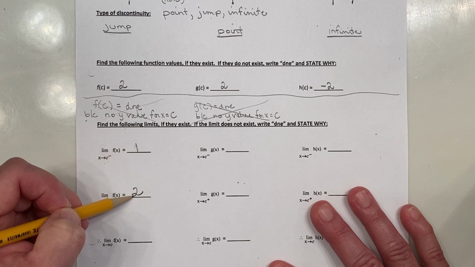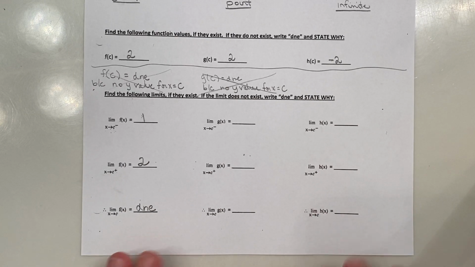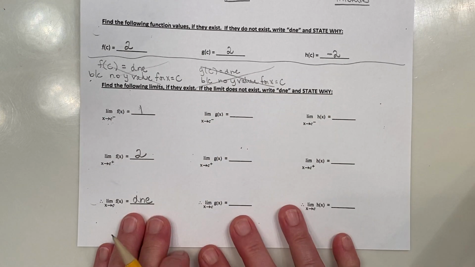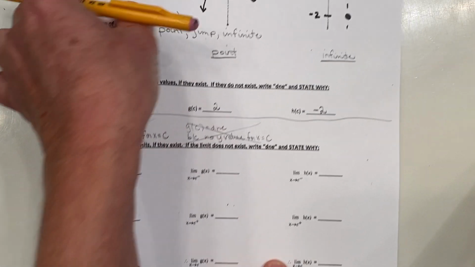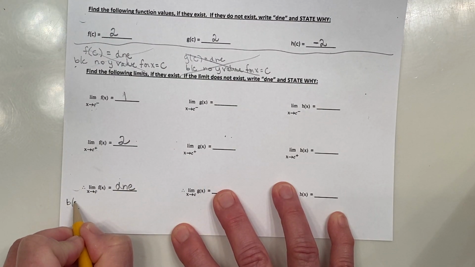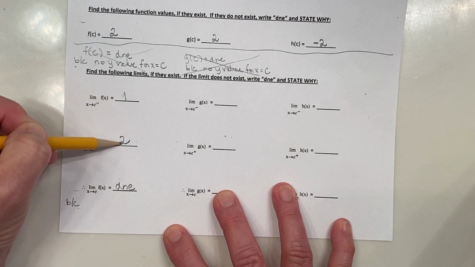These two y values are different. So we would say the limit does not exist. And why? Because it says if a limit does not exist, we have to state why. Well, in a limit question, the justification or the stating why is this: because the left limit doesn't equal the right limit. 1 does not equal 2.